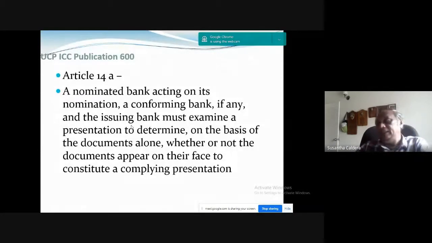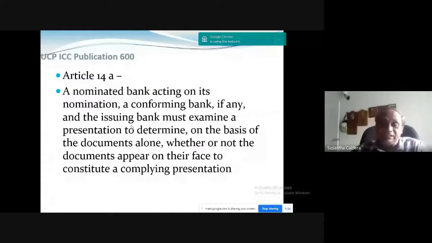Article 14A says, a nominated bank acting on its nomination, a confirming bank, if any, and the issuing bank must examine the presentation to determine, on the face of the documents, whether they appear to constitute a compliant presentation.